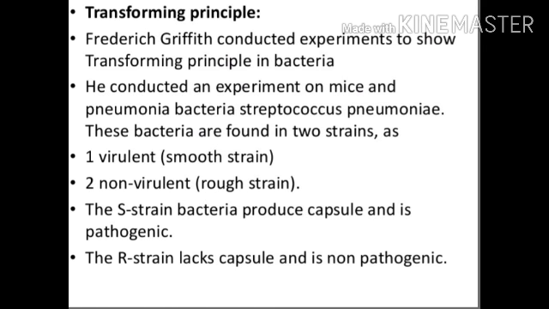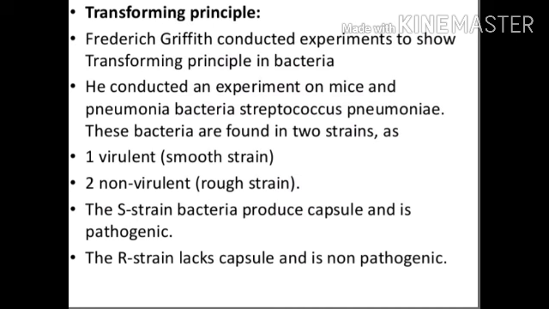Next is the transforming principle. Griffith conducted an experiment to show the transforming principle in bacteria. He conducted an experiment on mice and pneumonia bacteria, Streptococcus pneumoniae. These bacteria are found in two strains.